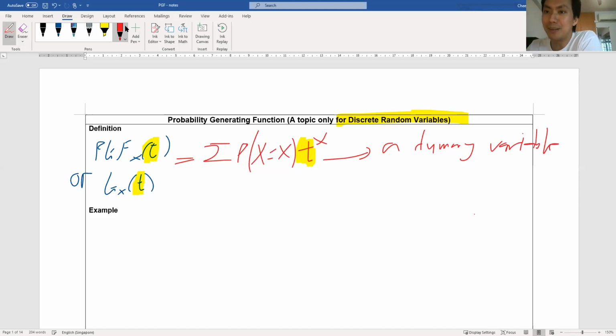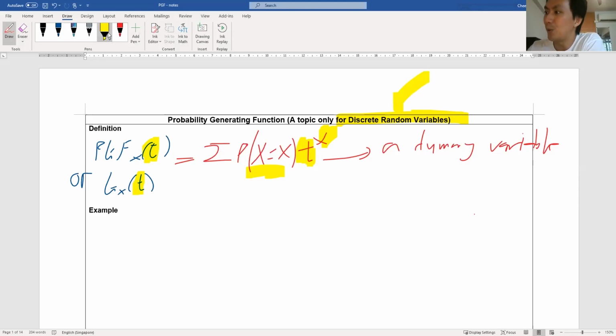What does it mean by that? It's simply a variable that doesn't mean anything, but it's put down there as a placeholder between the probability and the outcome. Because the letter X has to be reserved for the actual variable that we are interested in studying.